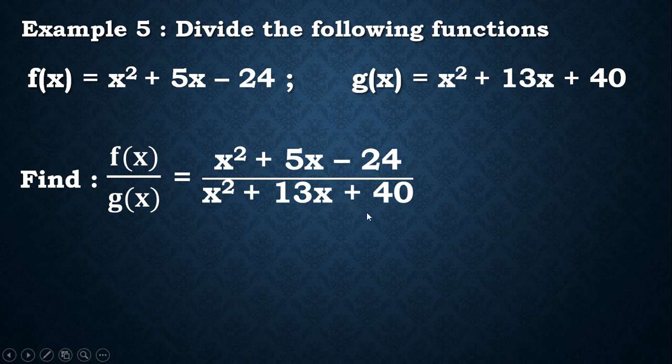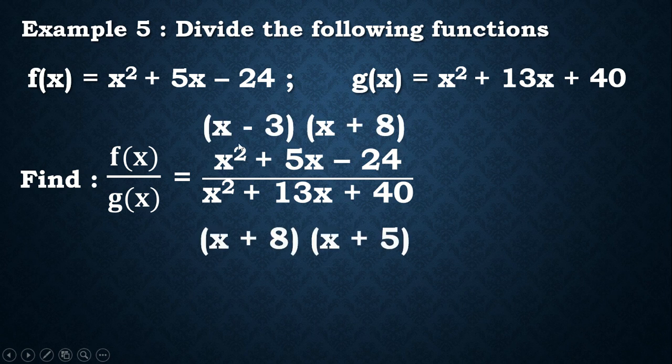We have both trinomials, and then we have to factor f of x and g of x. So we come up with the quantity of x minus 3 and the quantity of x plus 8 for the numerator. And then for us to check, we have to perform the distributive property of multiplication. X times x, that is x squared.